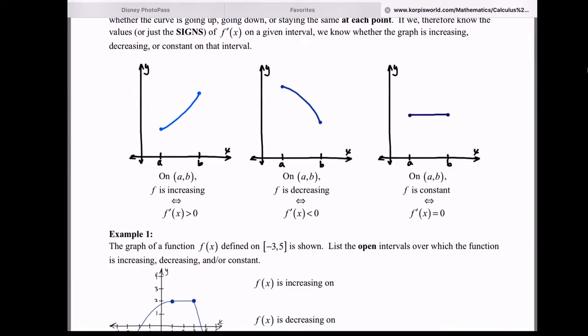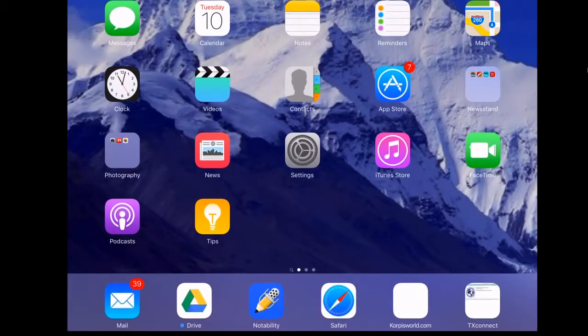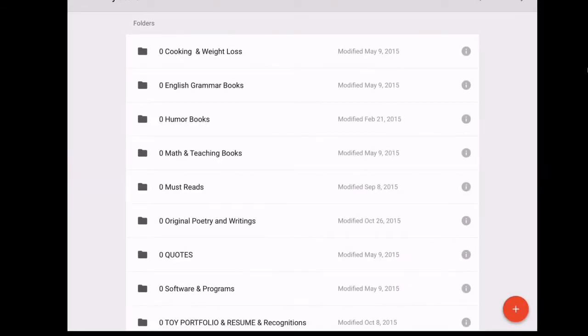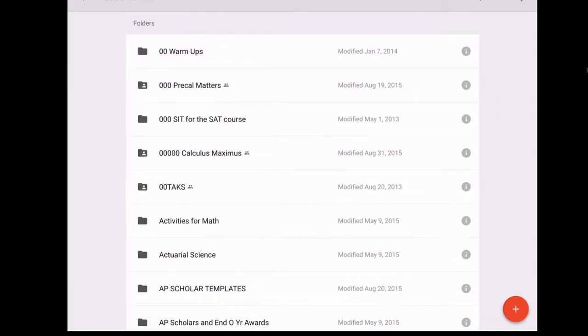How are we going to do that? I'll do it from my Google Drive. I want to pull it up. So just follow along. You could actually search for it on Safari if you want to go to AP Central. You can pull up the 2007 AB exam. I have it here on my hard drive, which might be a little bit faster.